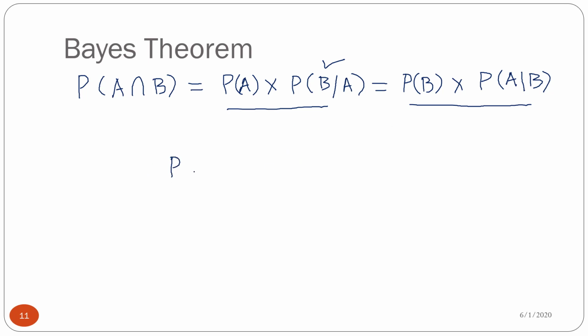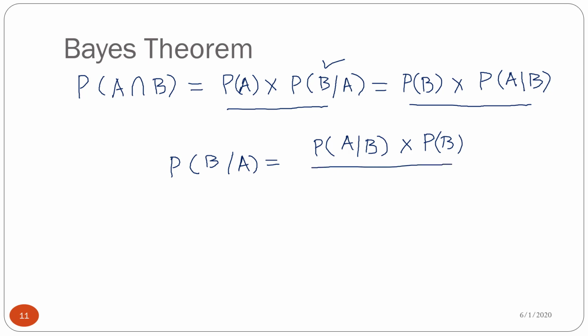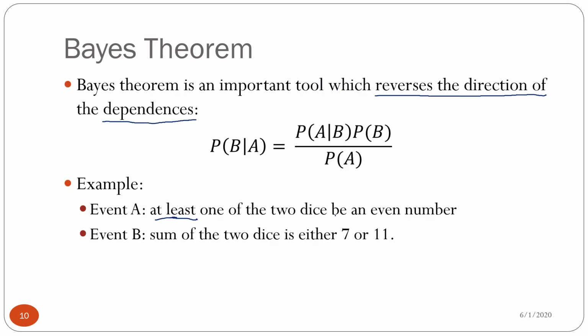I'll say the conditional probability of B given A is equal to the conditional probability of A given B, doesn't matter if I change the order, into probability of B, divided by, I'll take this right here to the denominator, probability of A. Is this the Bayes theorem that we have on the previous slide? Probability of A given B, probability B, yes.